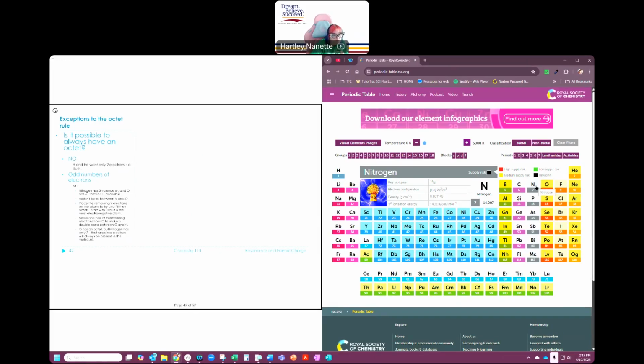Now, are there exceptions to the octet rule? Absolutely. I wish there were not, but that is the way that this works. A couple of things we've already talked about, hydrogen and helium. They have a duet, not an octet. So that's one thing. Nitrogen often is a violation of the octet rule, and that's because it has 5 valence electrons.